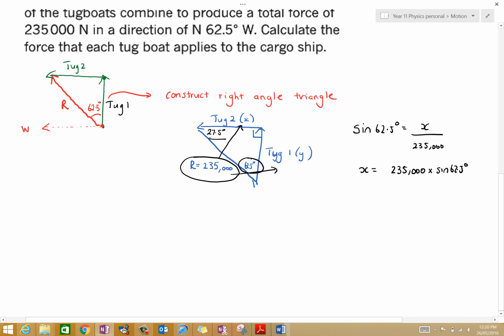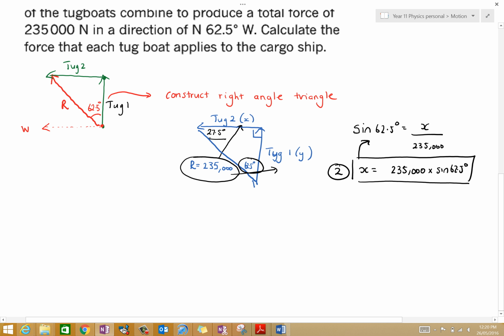What you'll notice is that if we're looking at the component opposite to an angle, we use sine. Why? Because sine has the opposite. If we're looking at the component adjacent to that angle, in this case the vertical, we're using cos. That's essentially what we're doing. In the future, you should almost skip this step and go straight to step 2, because you're going to do this so often.